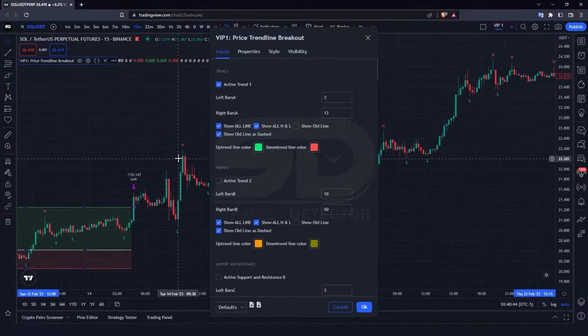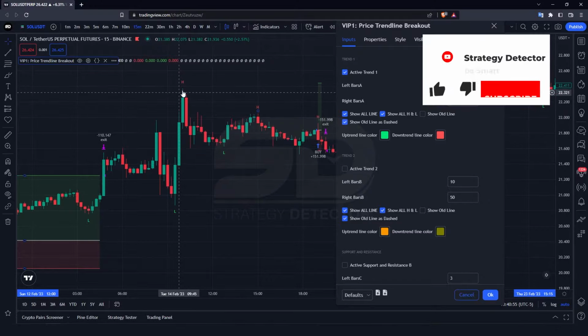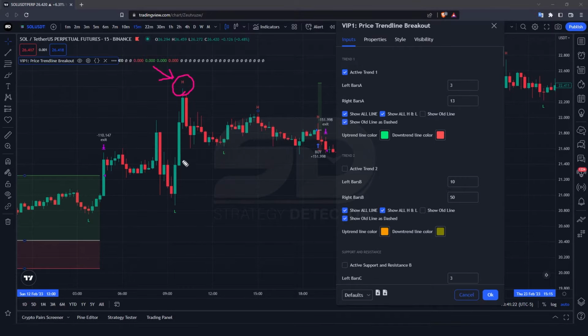It means that if there is a high that is higher than the previous 3 candles and higher than the next 13 candles, then this high will be shown here by this H. This high in this part is considered as one of the bases of drawing our trend line.